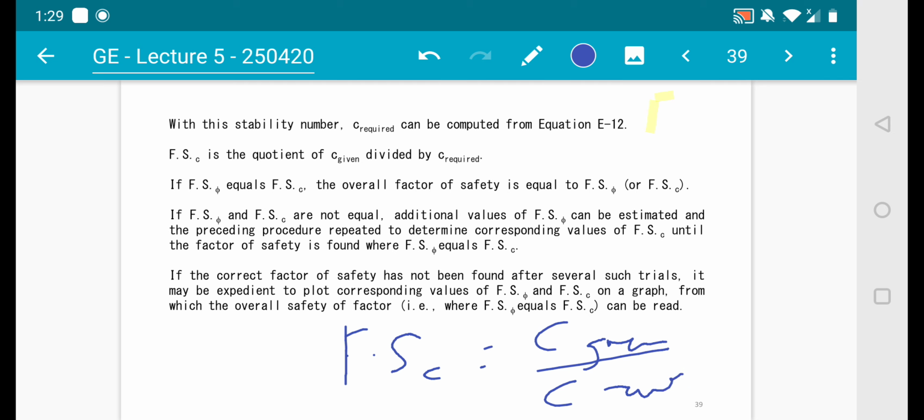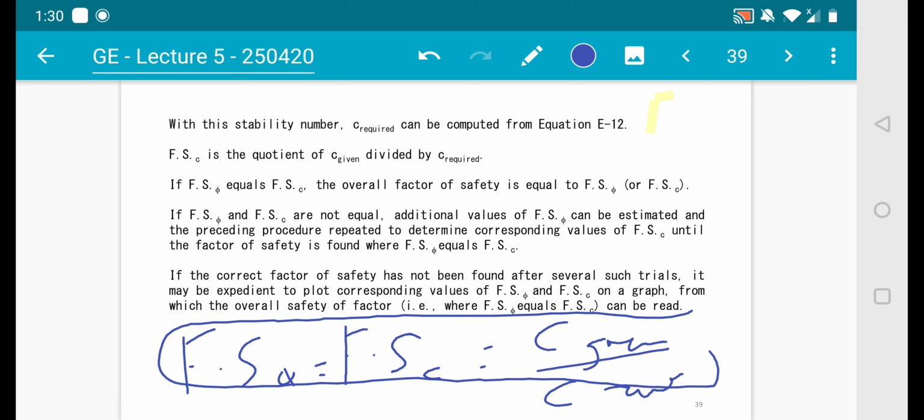So that's the formulation. If the factor of safety due to internal friction equals FSc, then the overall factor of safety is equal to that value. This is what it means.